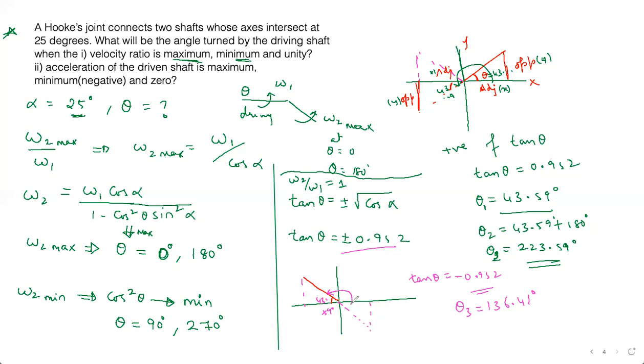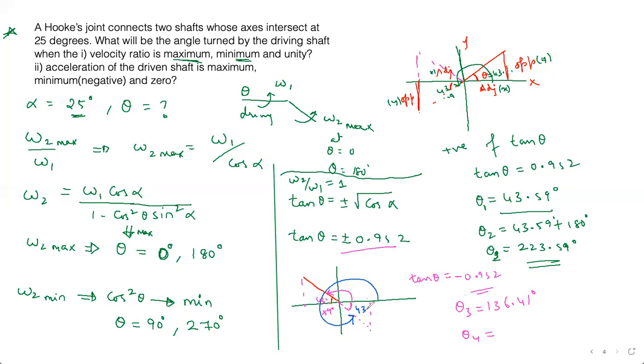Now, similarly, I can take the fourth quadrant also, same length and same height. We have not taken that till now. So this is also a negative value, like you can say x is positive, y is negative. So theta 4 is equal to 360 minus 43.59, because the angle should be checked from the positive x-axis.